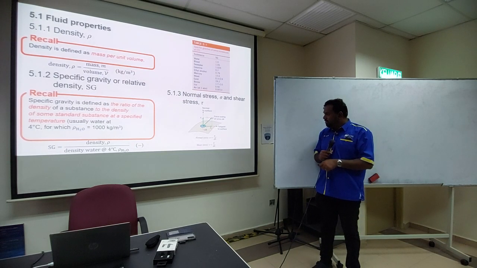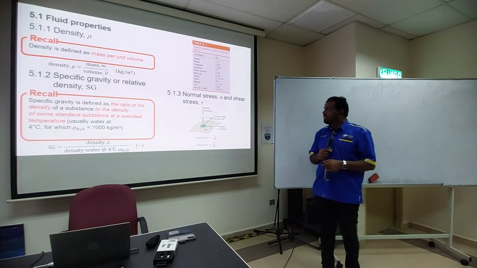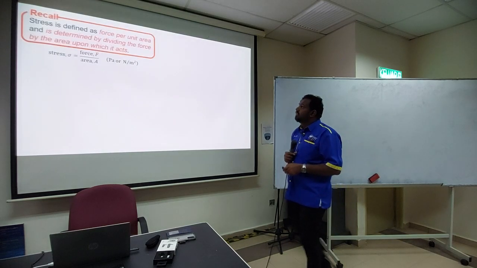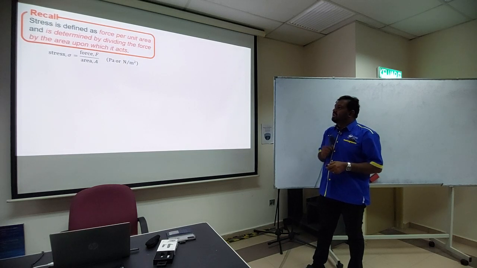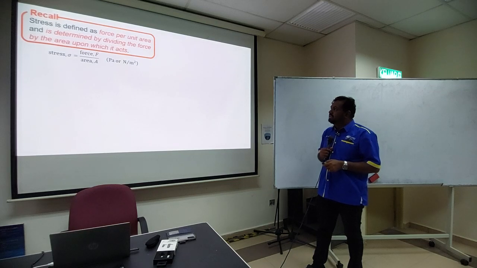Okay, the formula will be, we know formula for stress is force over area. For normal stress, you take normal force divided by area. Shear stress is tangential force divided by area. So there are two types. Okay, so stress is recalled as force per unit area and is determined by dividing the force by the area upon which it acts.